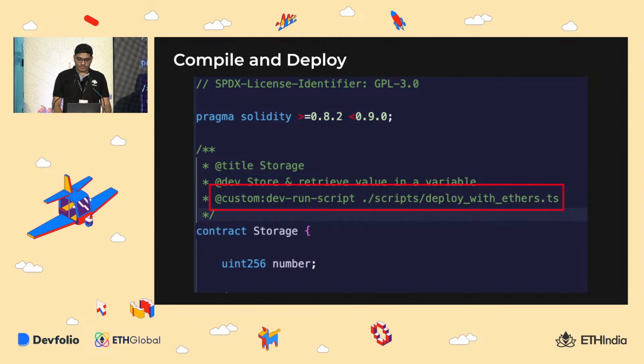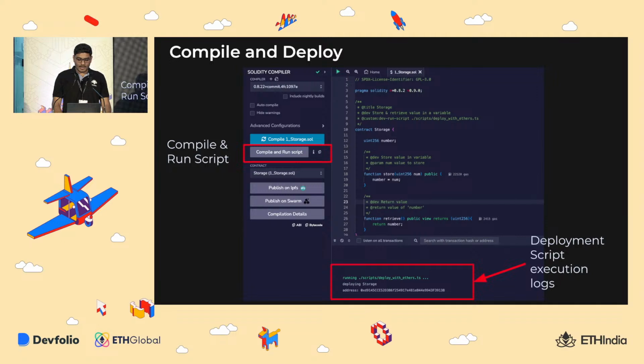As soon as your contract is successfully compiled, it will deploy that contract. That can be very helpful when you are making changes in your contract and you want to quickly deploy it. It will do the compilation and deployment all together, and you will see your logs and address and other things in the Remix terminal. You can extend this script to interact with the methods also.